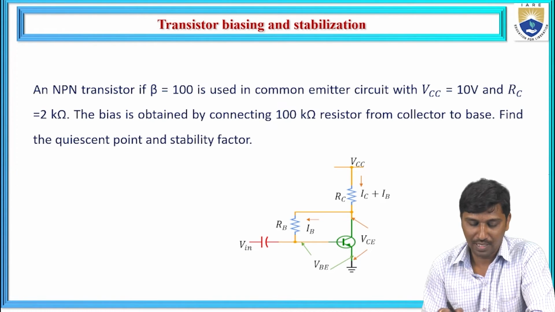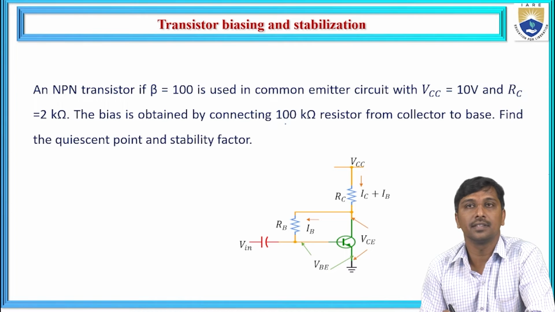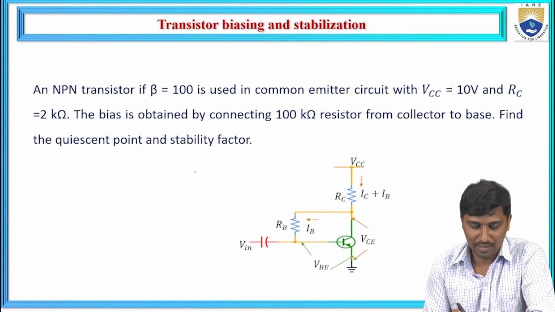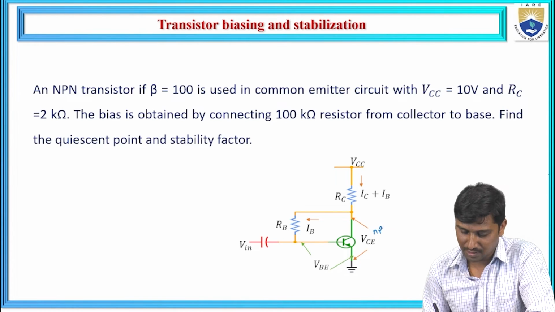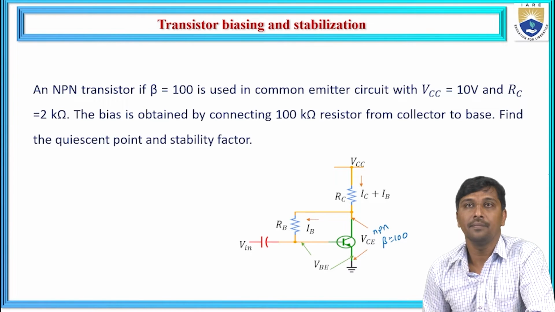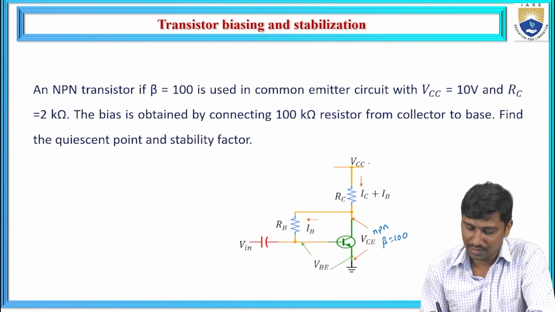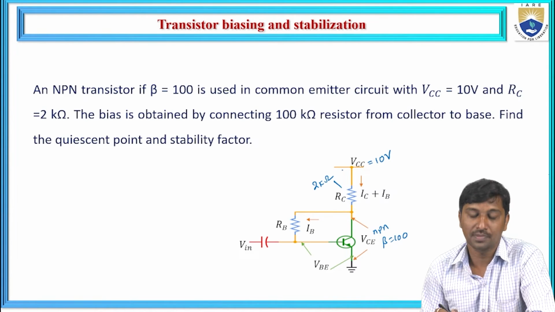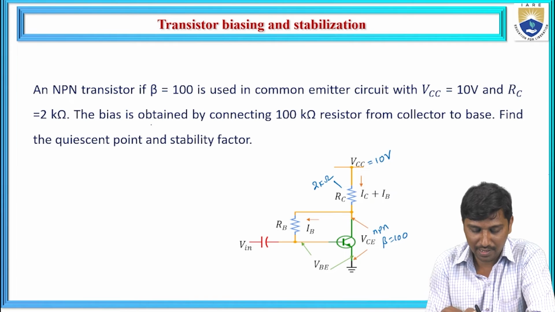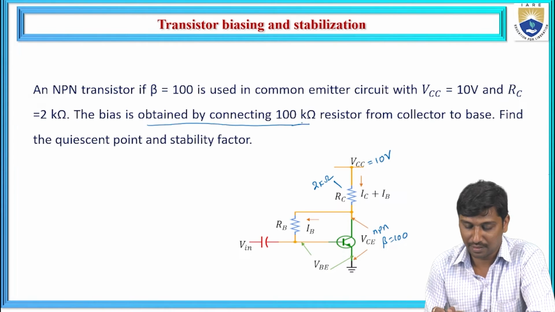So they are using a collector to base resistance and an NPN transistor, whose DC current gain is 100. VCC, the DC biasing voltage, is 10 volts, and the collector resistance is 2 kilo ohms. The bias is obtained by connecting a 100 kilo ohm resistor from the collector to base.